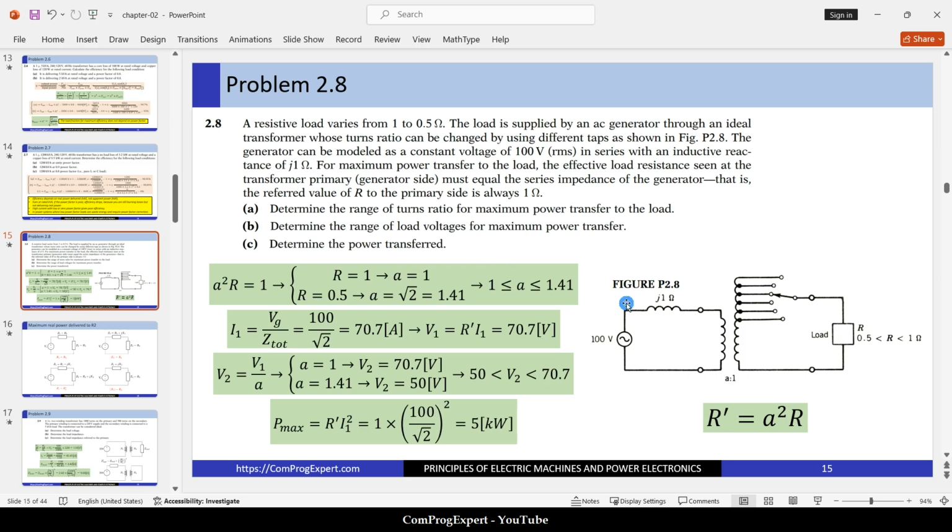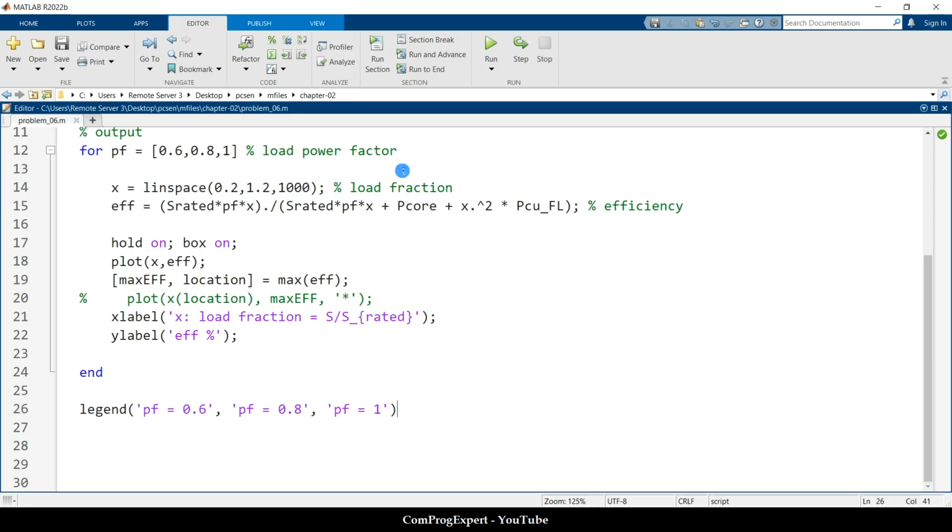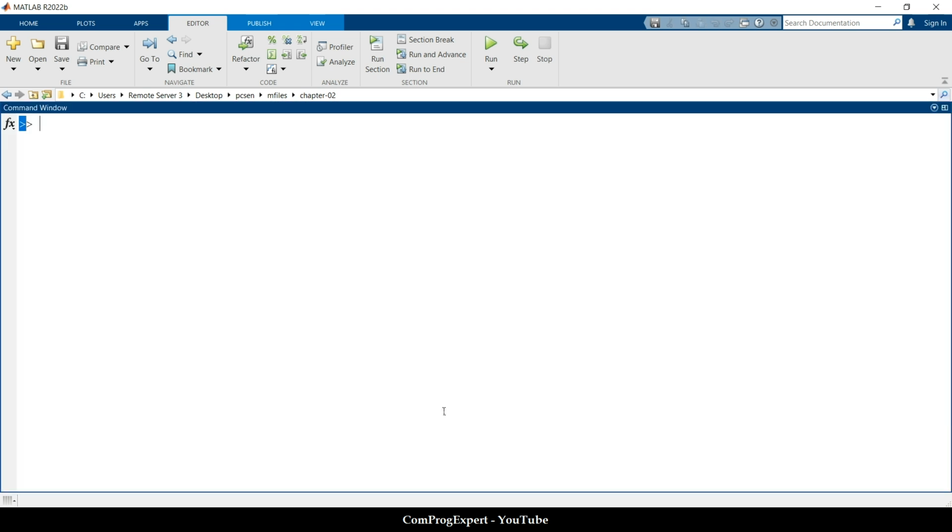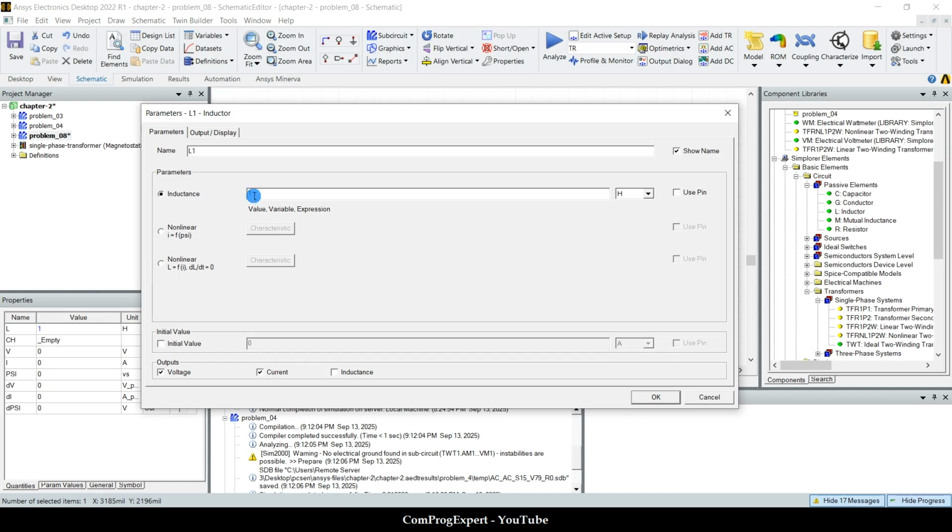We need that to calculate the value of the inductance. Let's consider the value of the frequency equal to 60 hertz. Okay, so the value of the inductance will be equal to 1 divided by 2 times pi times 60. This equation, I think we can consider it here also. Yes, this is the value of the inductance.